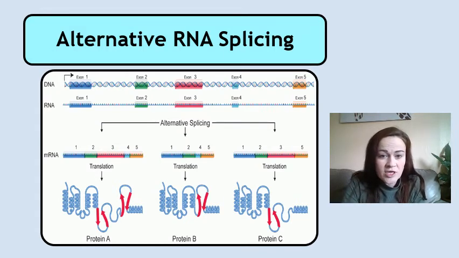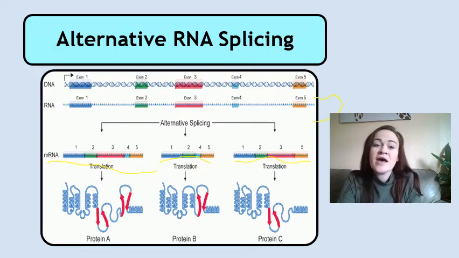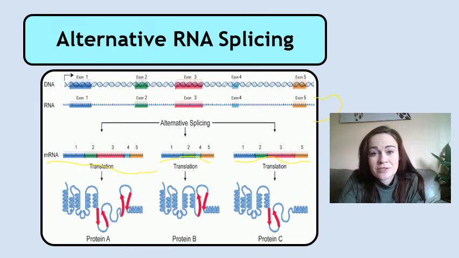So we might have the same RNA here, but in actual fact, when we go forward to translation, we've got 3 different scenarios where we've got 3 different lots of exons. That results in 3 different proteins.